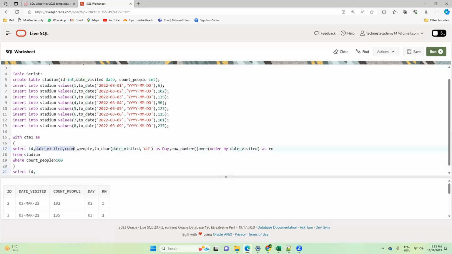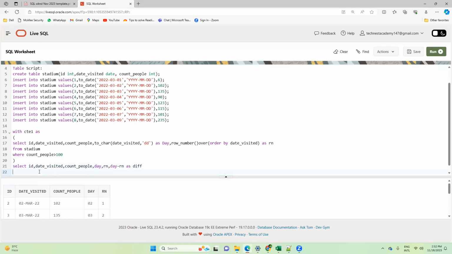You have date visited, you have count of people, you have the day column, you have RN, then I will do day minus RN. I will give this the alias diff from CT1.